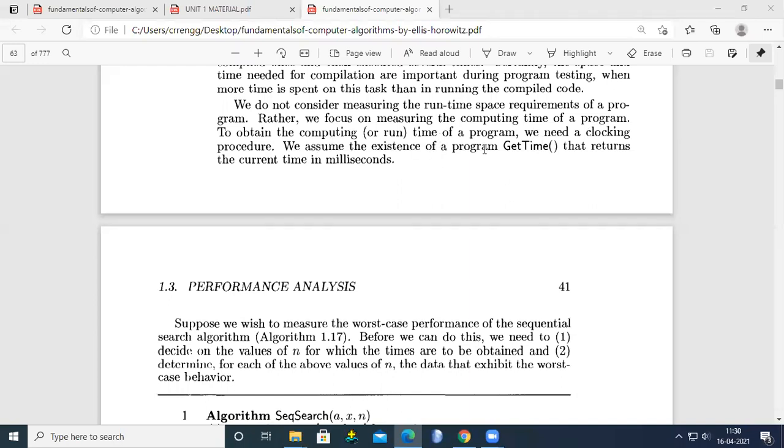So we use a function, getTime, that returns the current time in milliseconds.